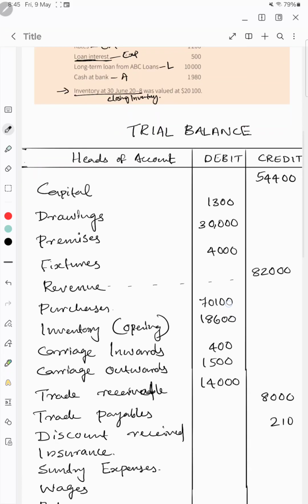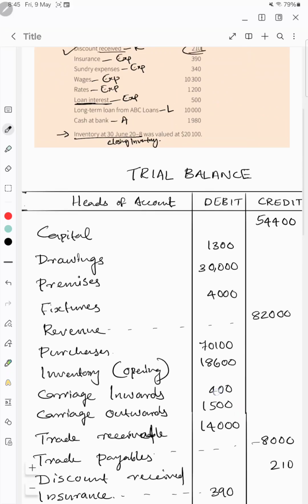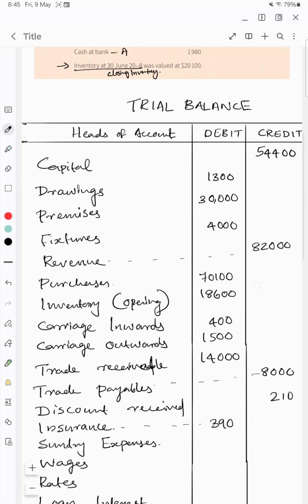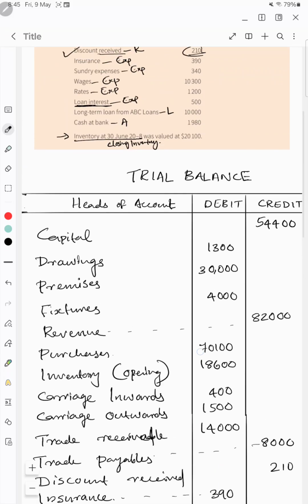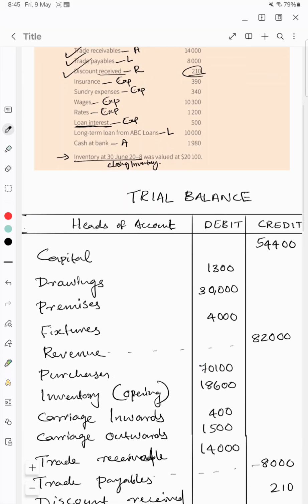Then insurance expense 390. Sundry expenses 340. Wages 10,300, an expense again.